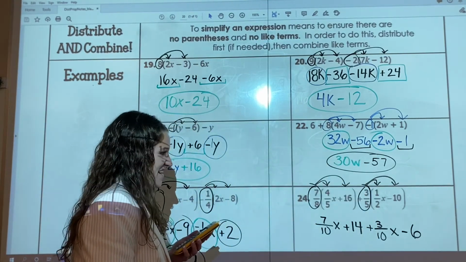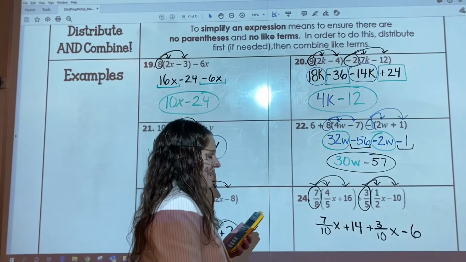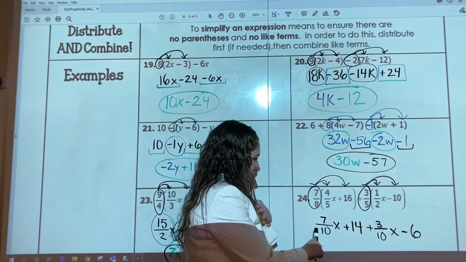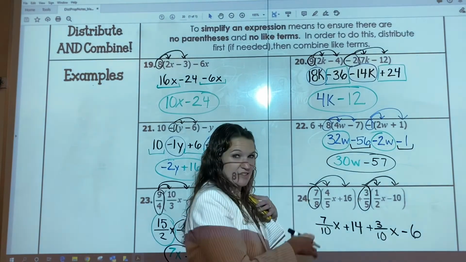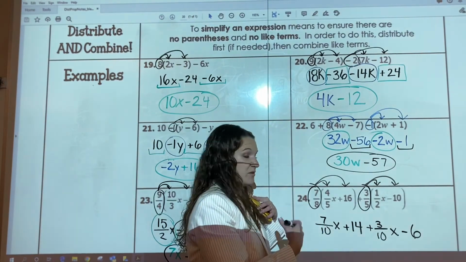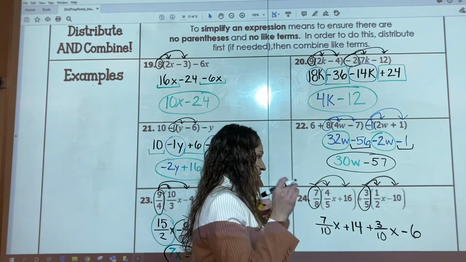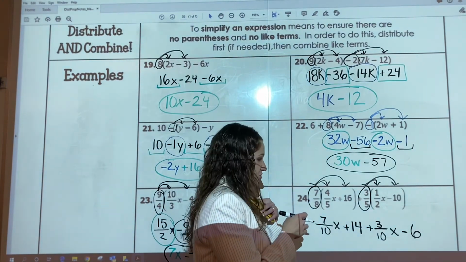All right, let's combine. I think I know that since these have common denominators, 7 plus 3 would give me 10/10x, which would give me 1. But just in case, I want to make sure I throw that in my calculator and double check.